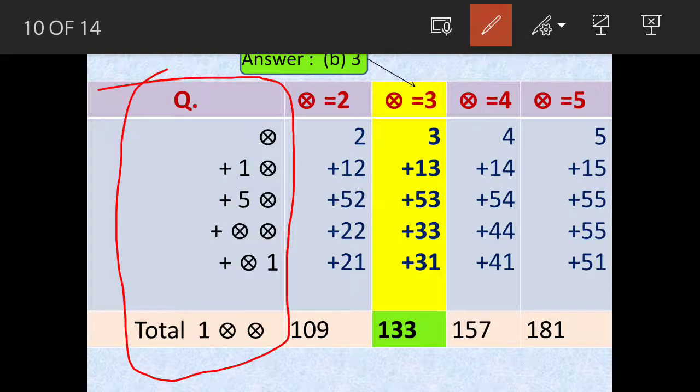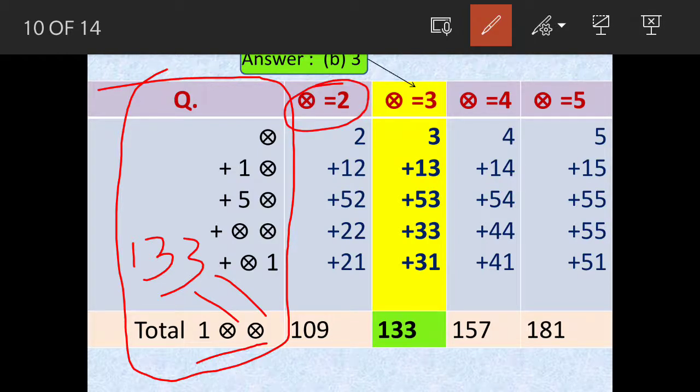The sum total should be 1 and the symbol appears twice. So if our answer is 3, then it should be 133. Now we put the value of the symbol as 2 in the first column, and when you add all these terms, we get a total of 109, which is not the answer, because the answer should be 122.